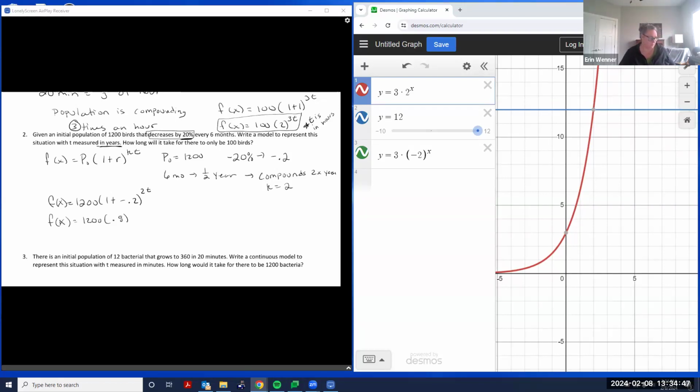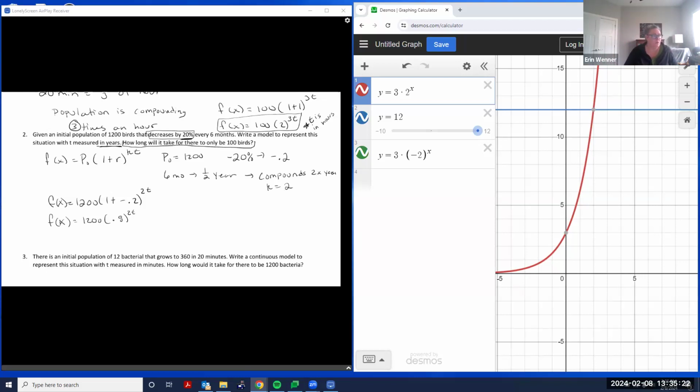And so now we have our model, right? So great. What do we do with this? Like we wrote our model. Why aren't we done? And it's because the real question was, how long will it take for there to only be 100 birds?